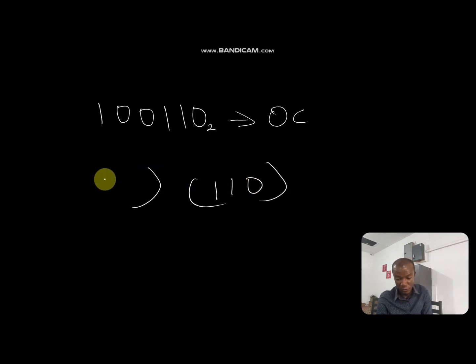My second group will be 1 0 0. Now 1 2 4, 1 2 4. If I change this to decimal, I will get 4 plus 2 will be 6. Here I have only 4, so it will be 4. So my answer is 46 base 8.